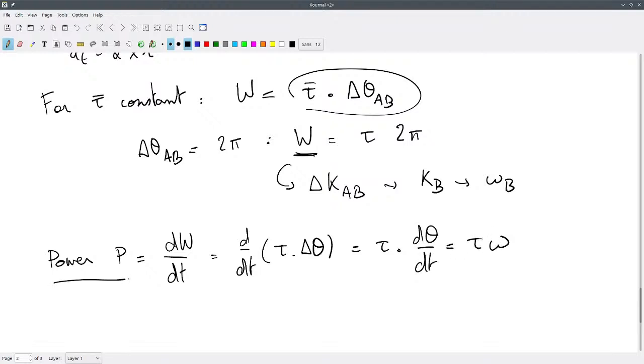So power in rotational systems is torque times omega, whereas in linear systems power was F times v. So again, v is omega and tau is F. There's again a parallel between those different formulas.